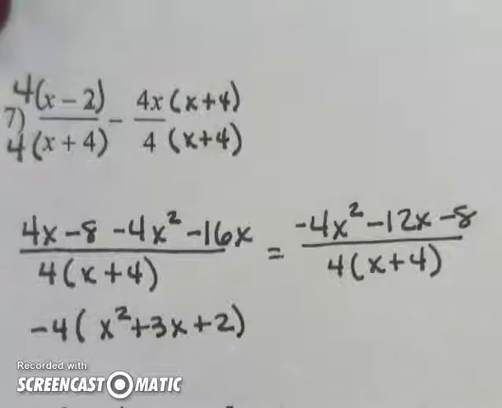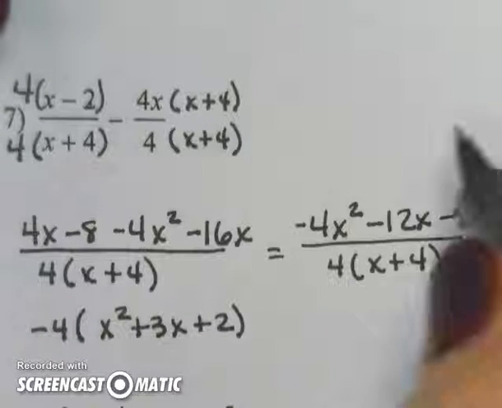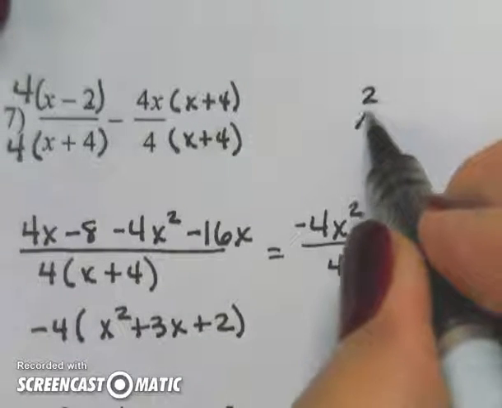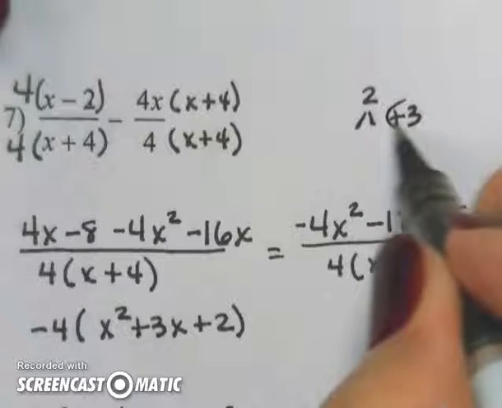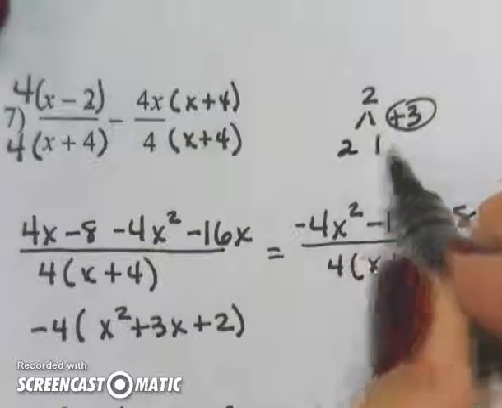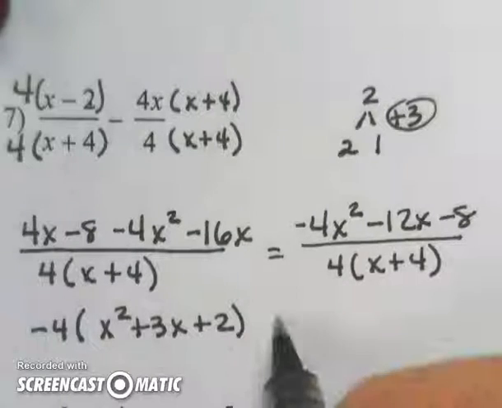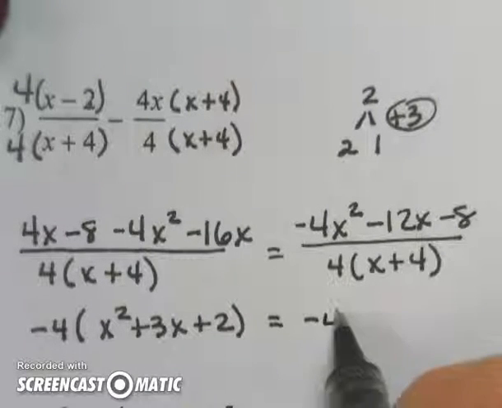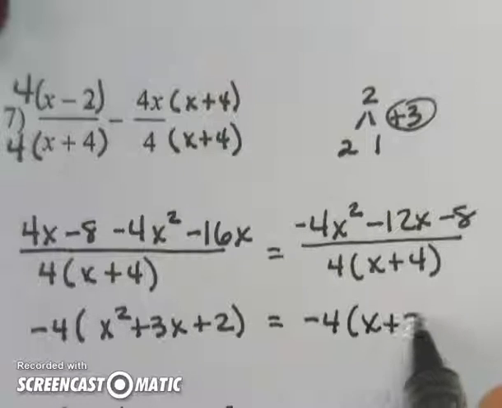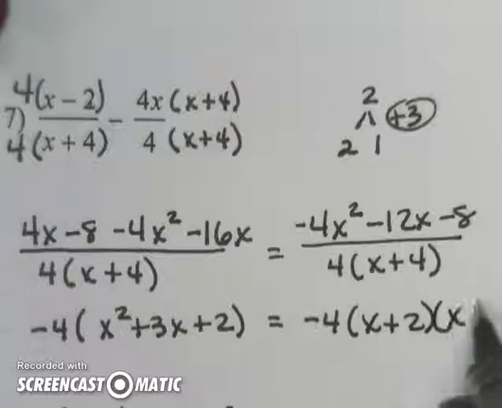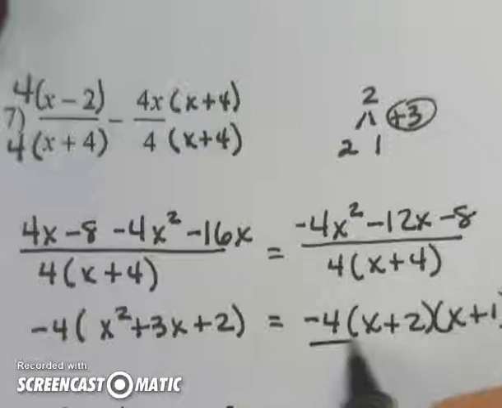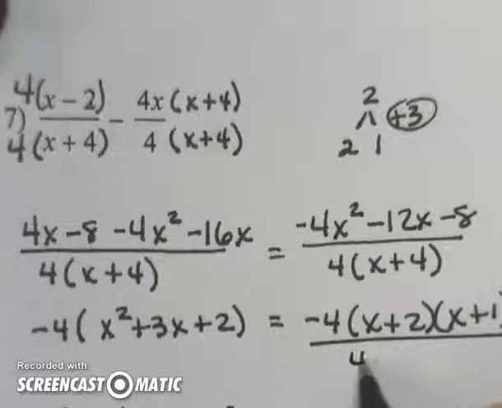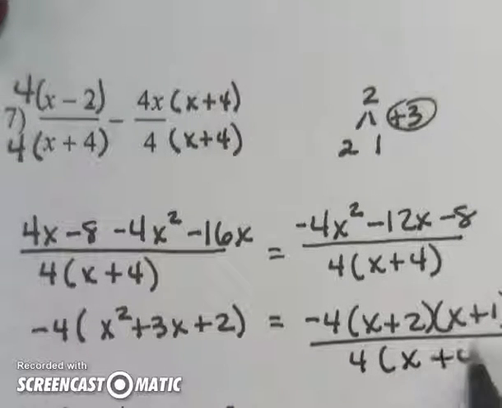What multiplies to give me 2 and adds up to 3? That would be 2 and 1. So this will factor to x plus 2, x plus 1, and then my denominator, 4 times x plus 4.